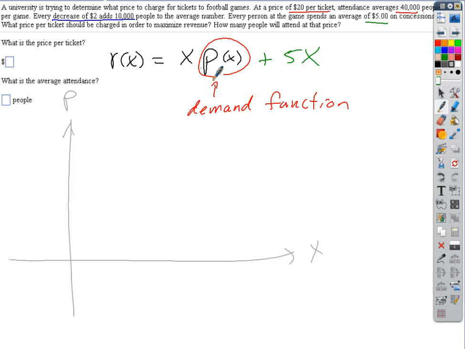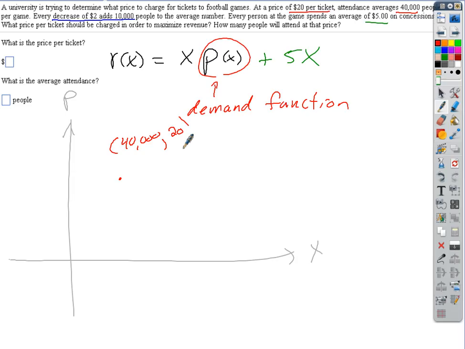So P for price. And if we look at this data point, then we've got one at X equals 40,000, Y equals 20. So we'll just put that arbitrarily right there. So the coordinates of that point are 40,000 and 20, right? We got another point. Every decrease of $2 per ticket adds 10,000 people. So let's just take one decrease. That'd be $18 per ticket and 50,000 people.